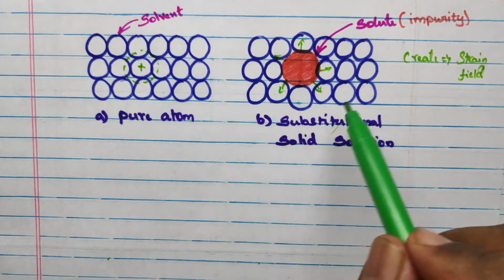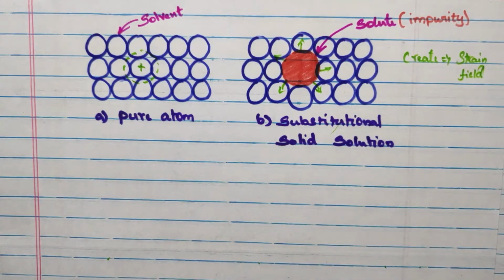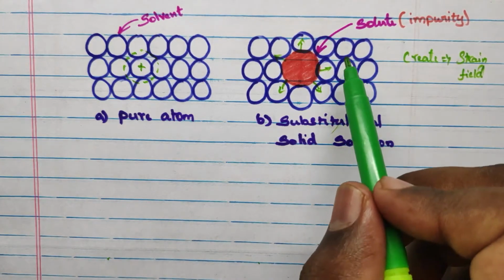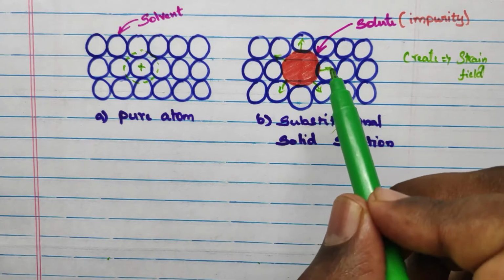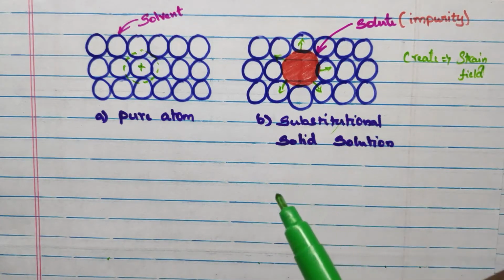Actually this base material is already subjected to tensile strain. So the strain field created around the solute atom will interact with the dislocations in this solid solution. Consequently the dislocation movement will be restricted, so that the strengthening will be increased in the material.